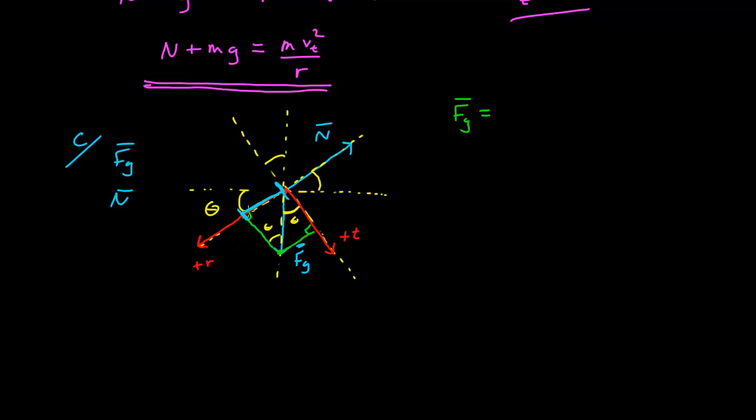From trigonometry, the length of that line segment is the magnitude of my vector, mg, times sine theta, because this is theta. The length of that line is the hypotenuse, which is the magnitude of the vector, times sine theta. So that's mg sine theta r hat. Then I look on my coordinate system to see whether that's positive or negative, and I can see it's along the positive r-axis.